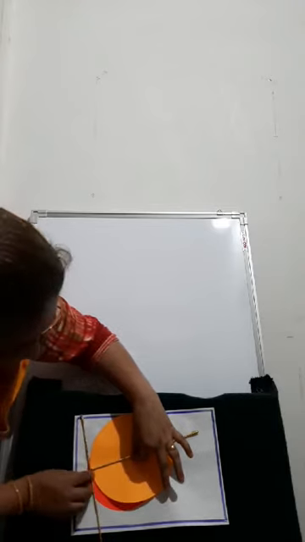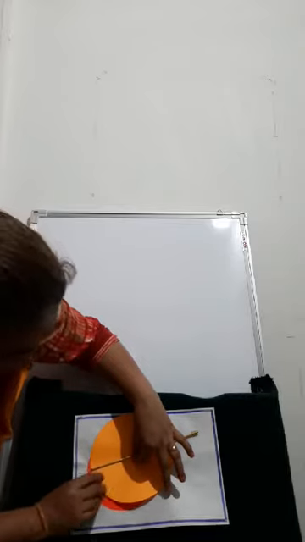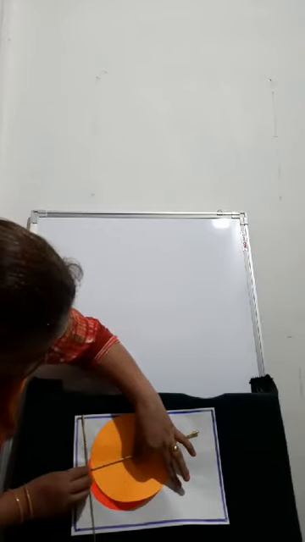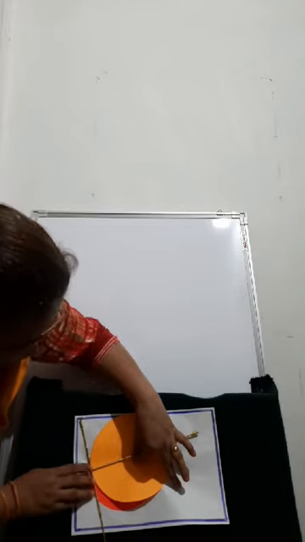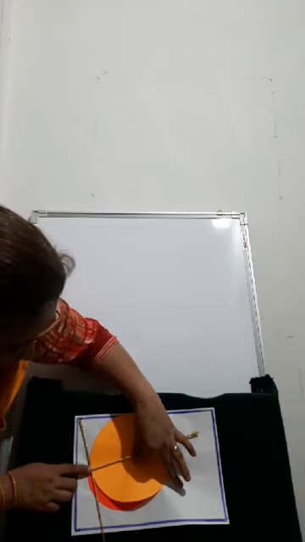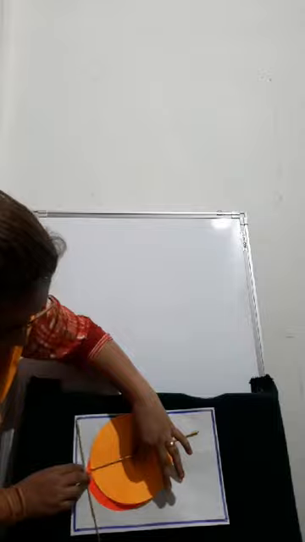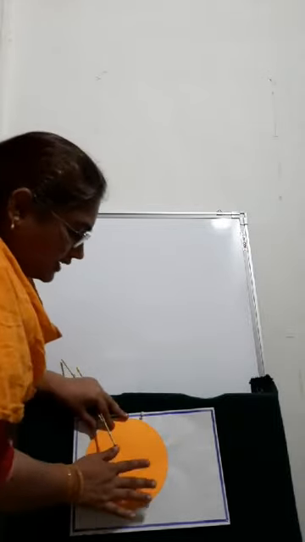See, if I change the direction, it will become a secant, or a chord, or the diameter of the circle. But to become the tangent, it should pass only one point of the circle, then it will be perpendicular to the radius. This is one of the properties of the tangent.